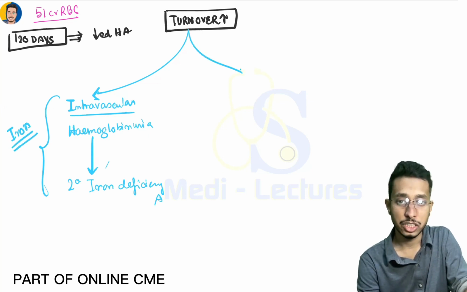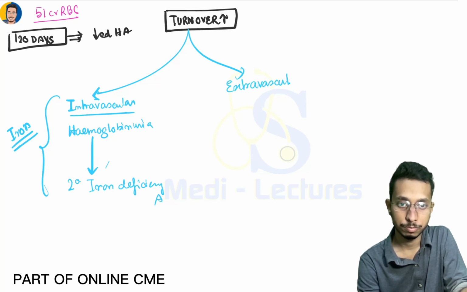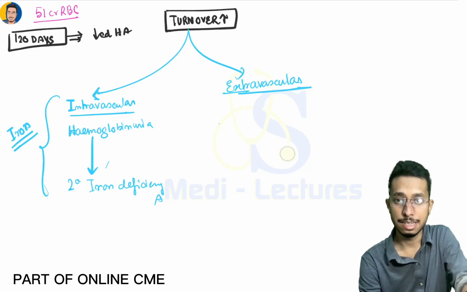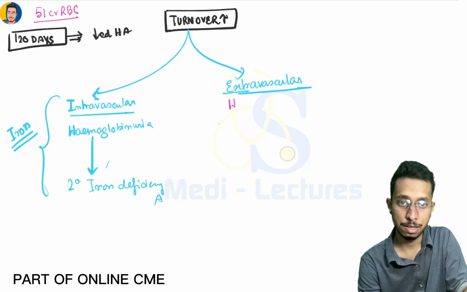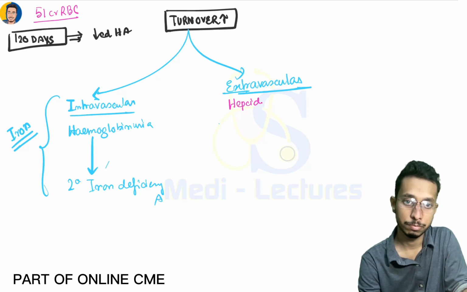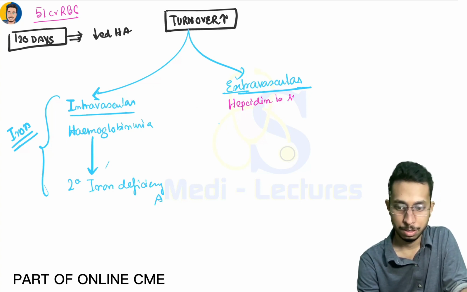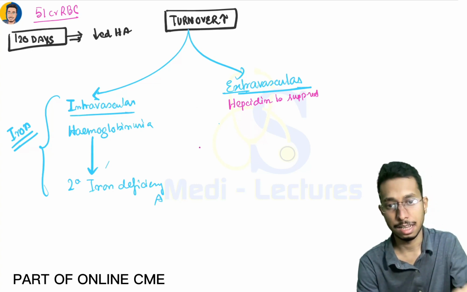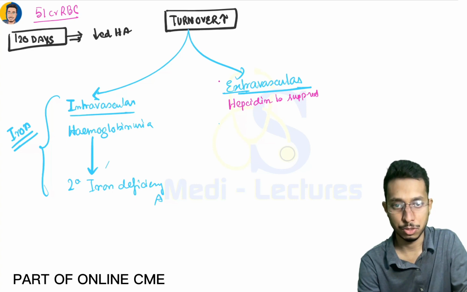And when it is extravascular in nature, hepcidin is suppressed. So there is practically no iron loss, as nothing is lost in the urine in extravascular hemolysis.